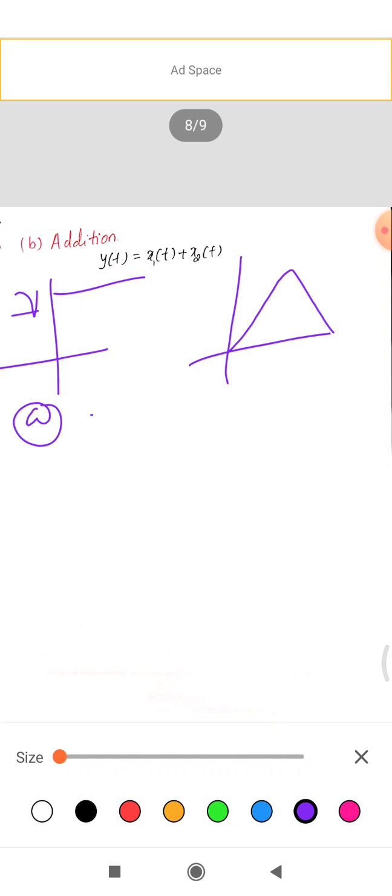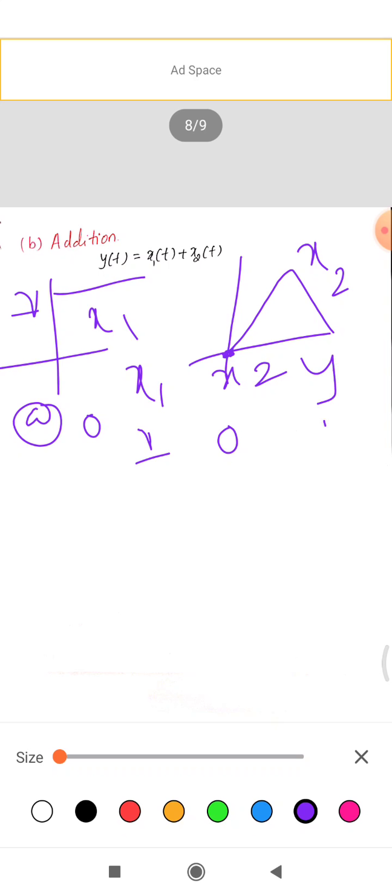At 0, what about the x1 signal and what about the x2 signal? This is your x1 and this is your x2. So at 0, what about the x1 magnitude? It is 1. What about x2? It is 0, right? At 0, the x2 signal is 0. So what about y of t? 1 plus 0 is 1.